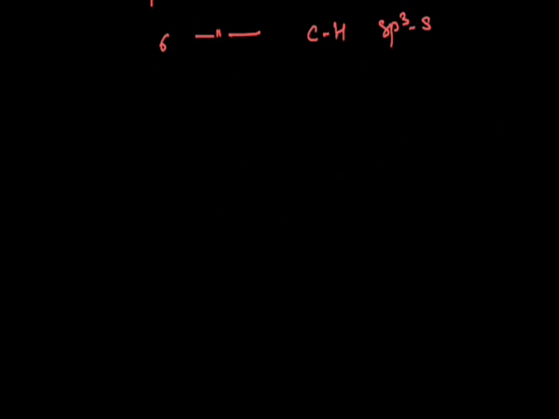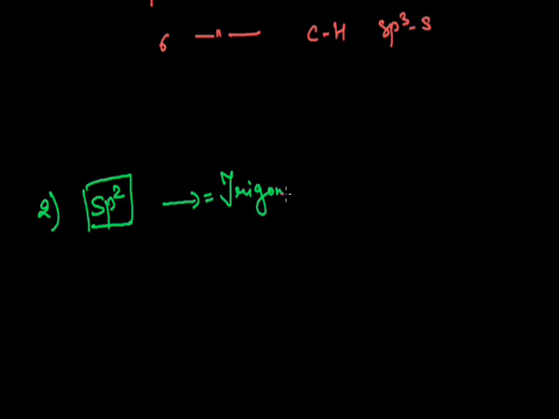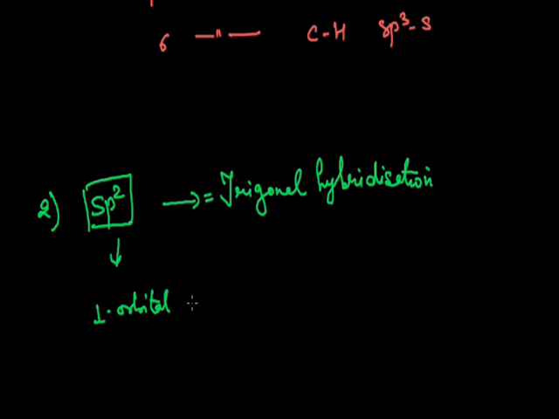Next is sp2 hybridization. It is also known as trigonal hybridization. In this, there occurs intermixing of one orbital of s and 2 orbitals of p.